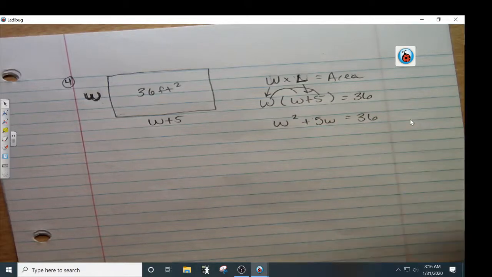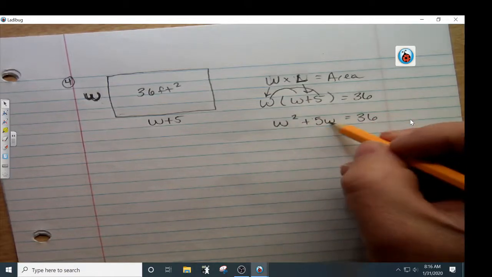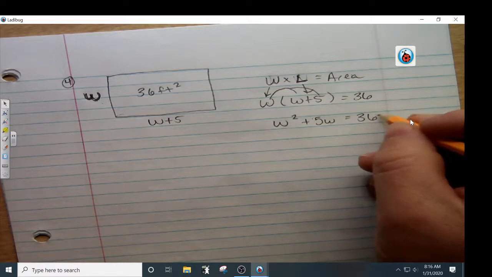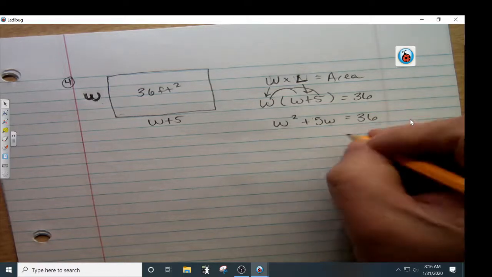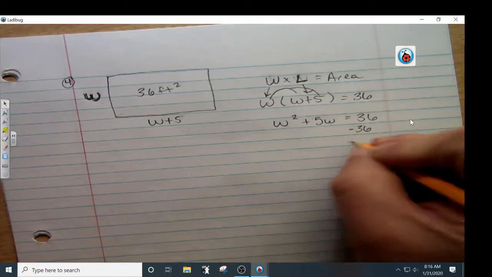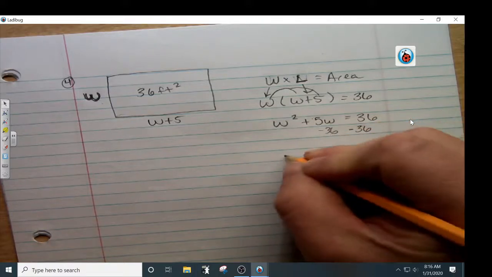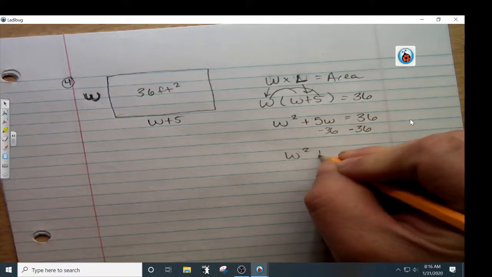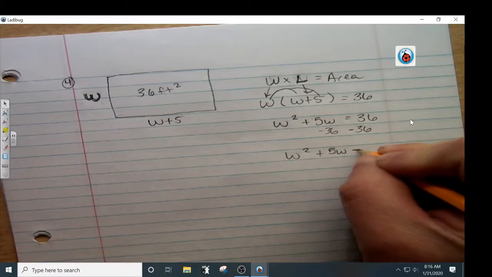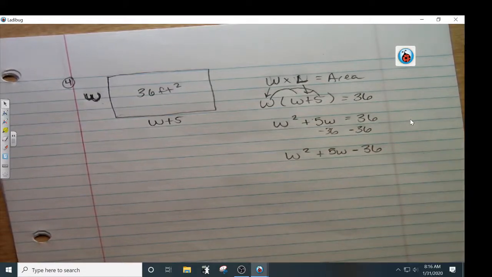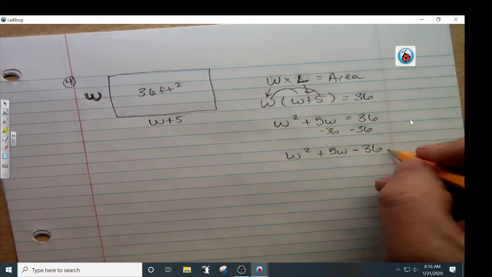Your Y is your dependent, okay? Anytime you're solving for your independent variable, you've got to have it equal to 0. So that's W squared plus 5W minus 36, and that's going to be equal to 0.